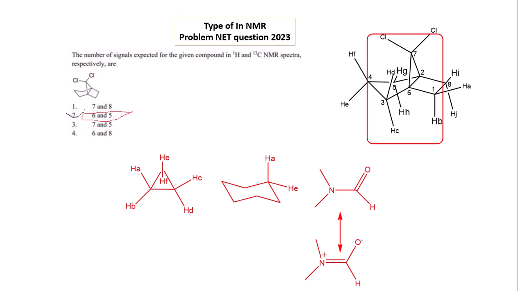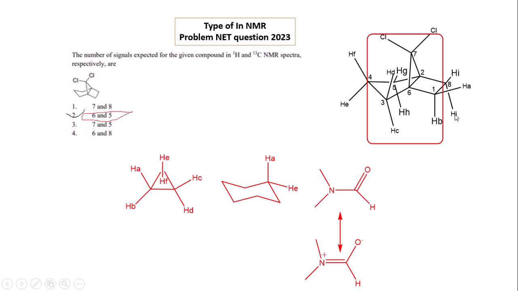So if we go to the chemical shift signals, in the case of the protons, here HA and HI come in the same region, that is, they are equivalent protons.